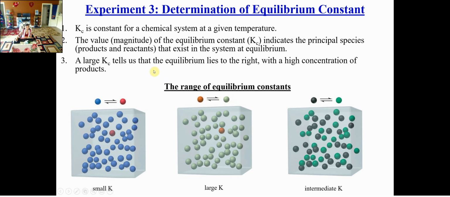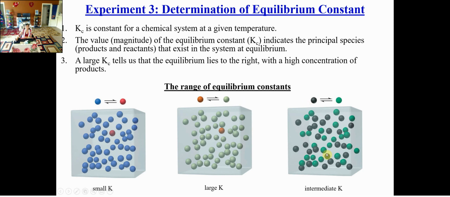This large K means the forward reaction is favorable. If you have a very small K, only a very small portion of your reactants becomes product, meaning the reverse reaction is favorable, or sometimes we say there's no reaction. So K is so small.